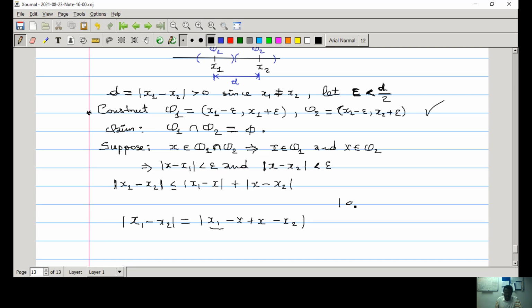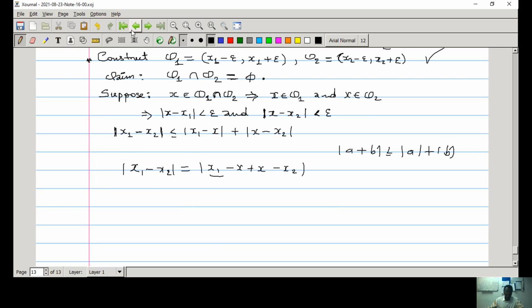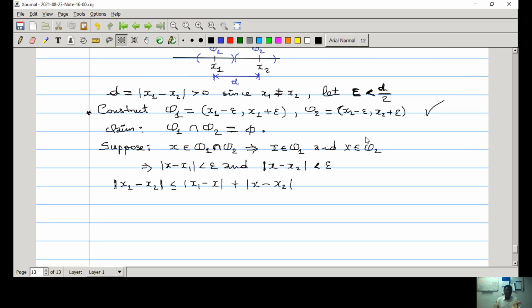But I know that absolute value of a plus b is less than or equal to absolute value of a plus absolute value of b. That's a property of absolute value in R. So this is my a and this is my b. So I can split that into two, so I get this. So it's not witchcraft. Things like this, I don't really need to waste my time writing, they are trivial. You know these things. So this is what we have.